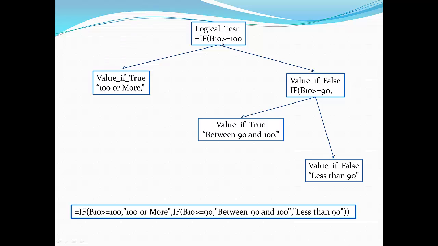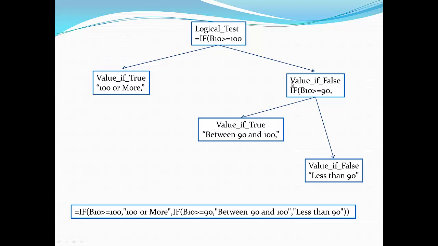So we're going to start out in C10, and we want to check B10 to see if it's greater than or equal to 100. If that's true, then we want 100 or more to appear in that cell.